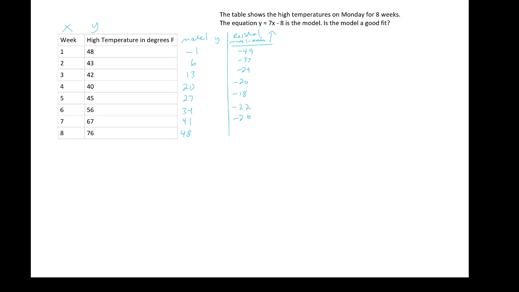And we have 48 minus 76. This is negative 28. So what happens when we actually graph this?